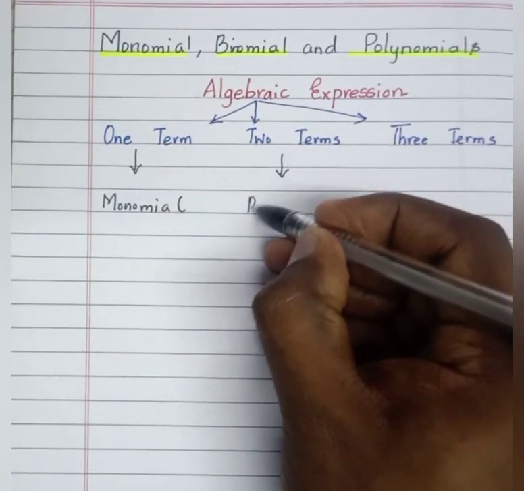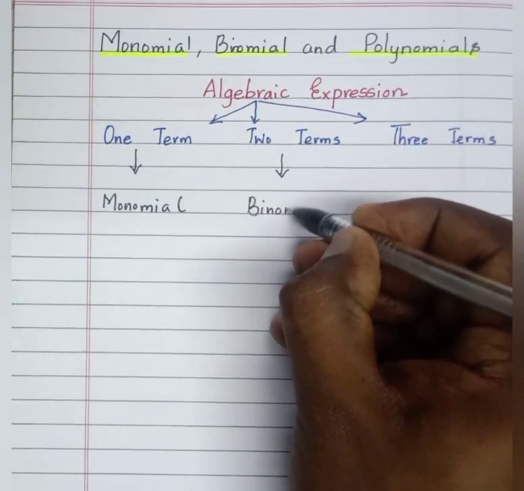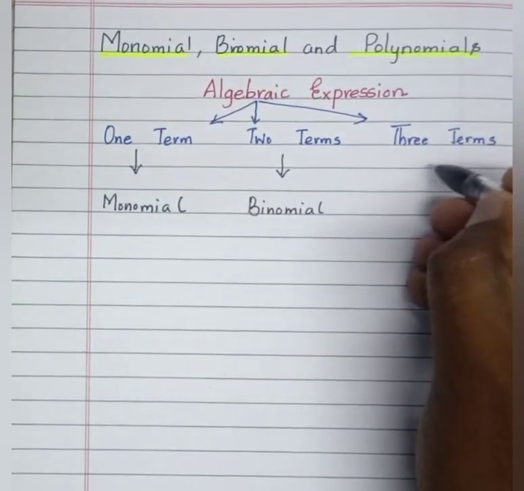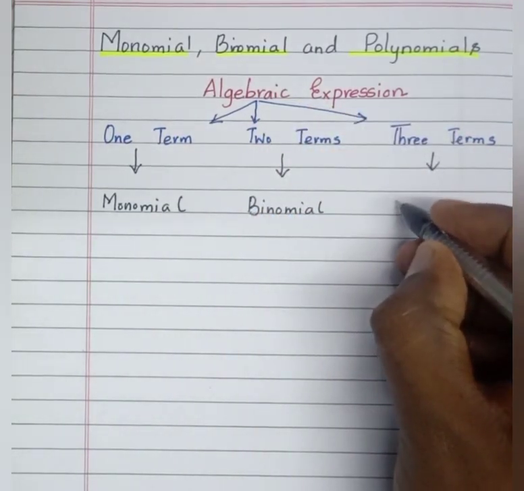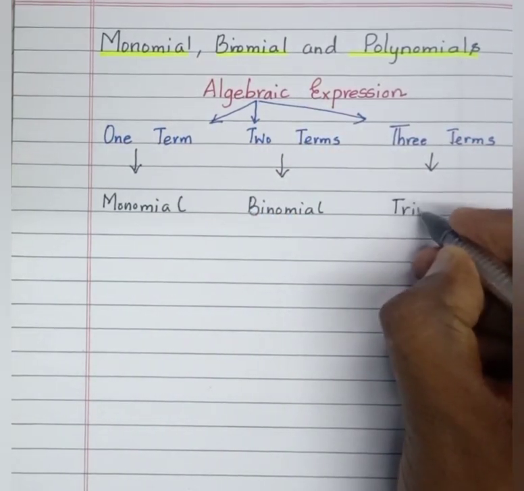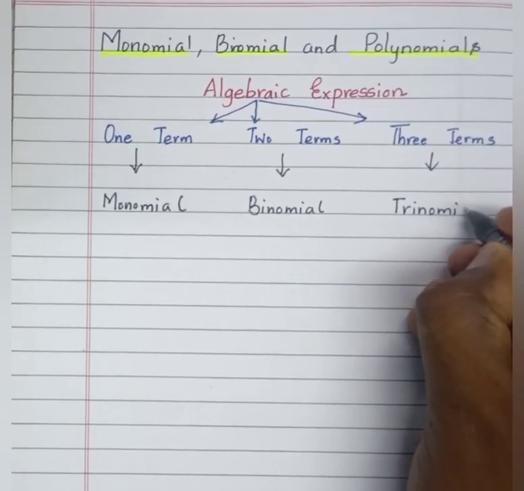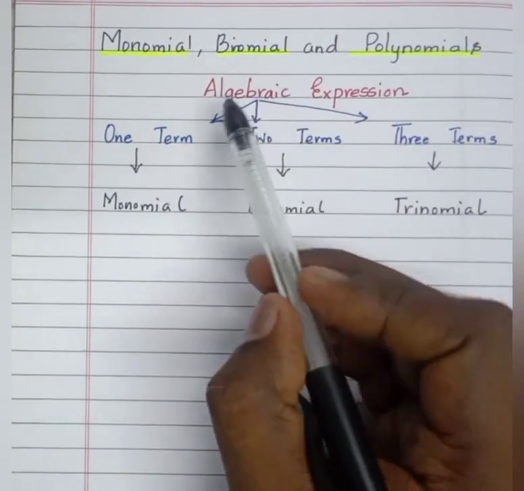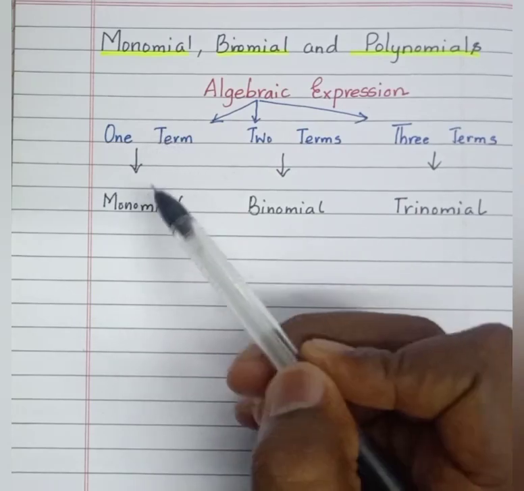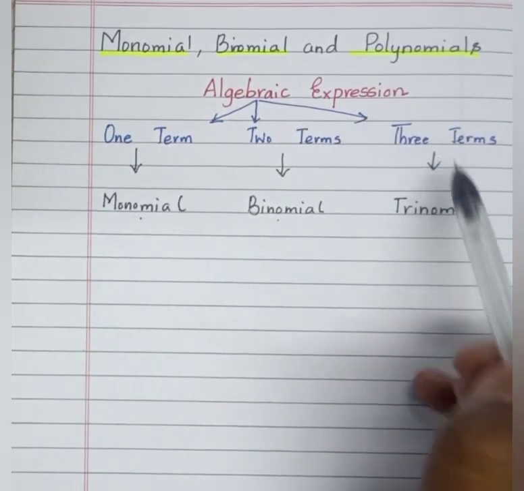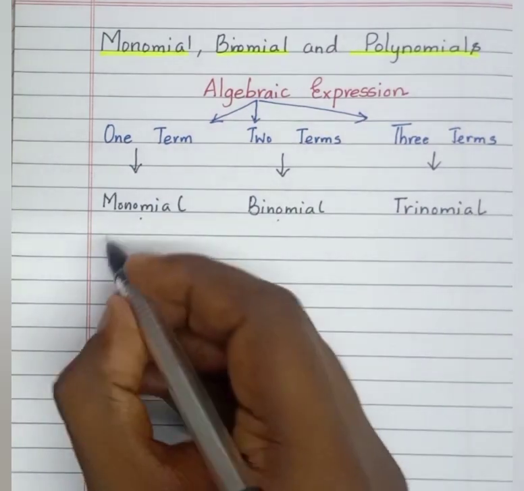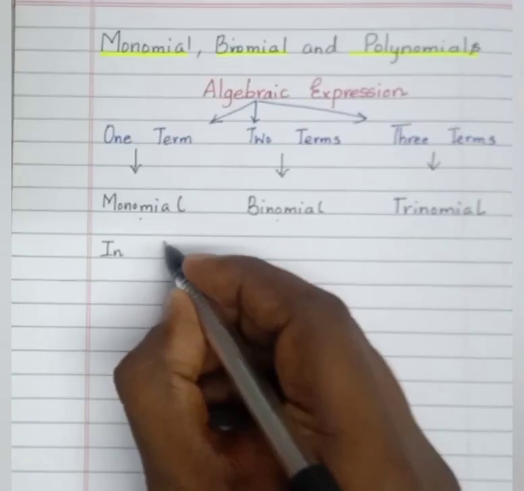If it contains two terms, we call that a binomial. In the same way, if it contains three terms, we call that a trinomial. What is trinomial? An algebraic expression containing three terms. What is binomial? An algebraic expression containing two terms. What is monomial? An algebraic expression containing a single term.